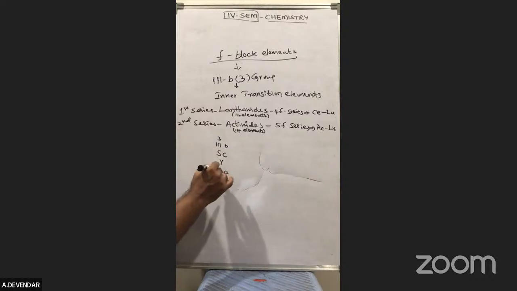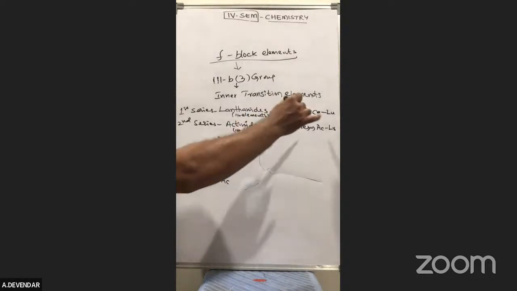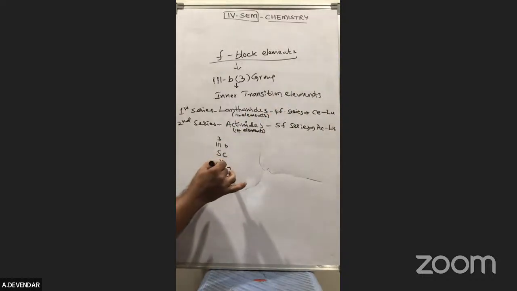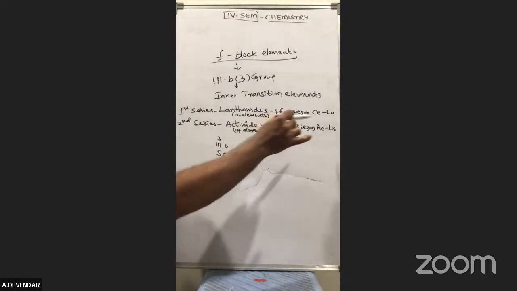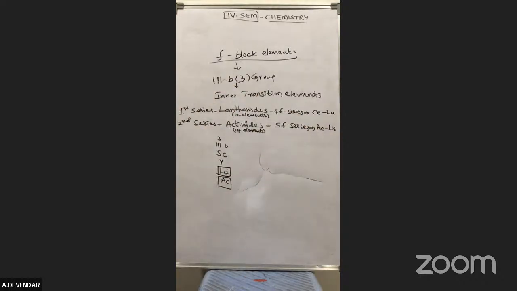Here, with lanthanum, the 14 elements, cerium to lutetium, are present in this place only. And from actinium, we have the elements up to lawrencium, which we keep here in one box.